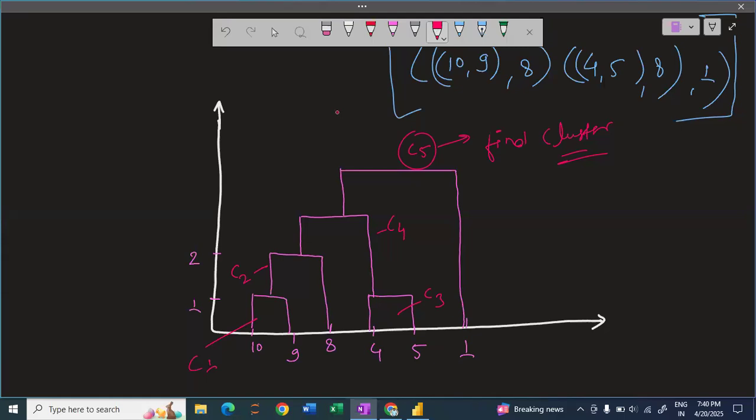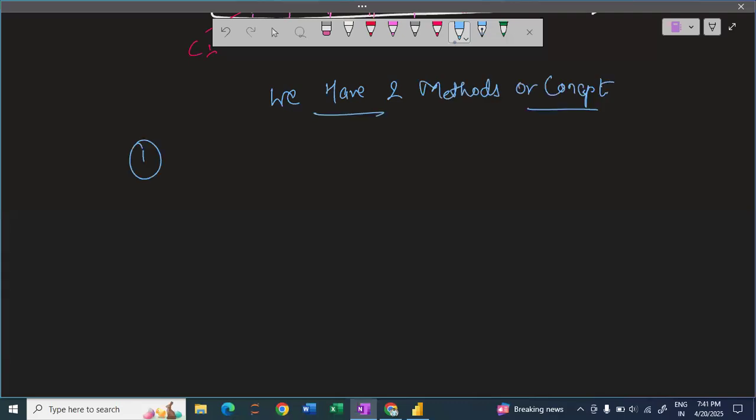Okay. So basically, we have two concepts. As I told you, this is a hierarchy-based technique, so hierarchy means we can say the hierarchy should be top to bottom or bottom to top, right? So we have two methods or concepts.